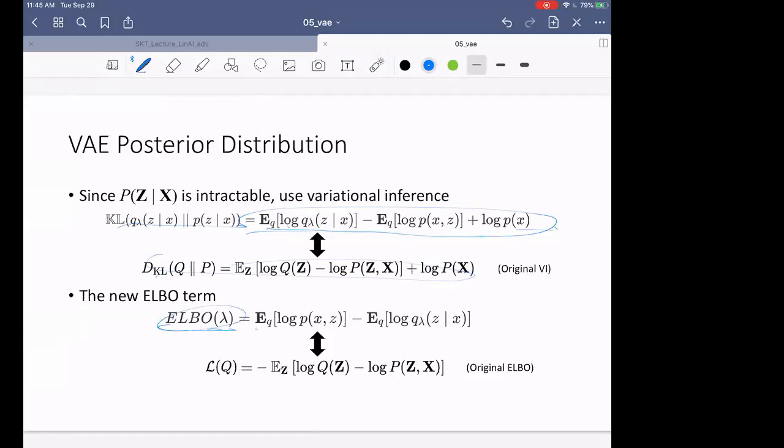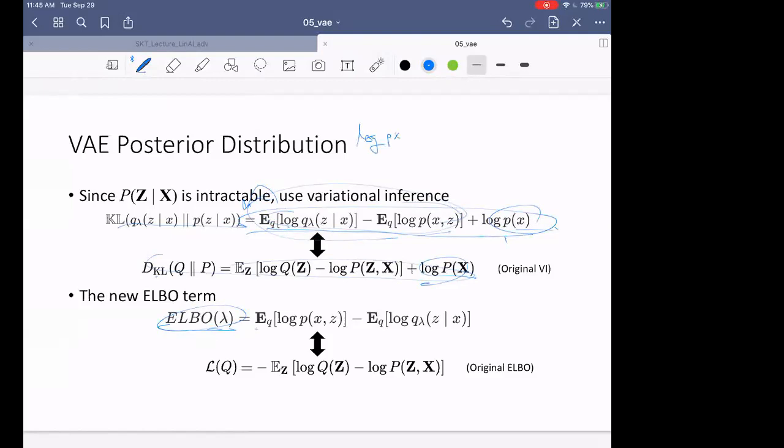So the new ELBO term becomes this. As I said in the previous VI, this is fixed, and in the same manner, this is fixed. So you can put this term here, and then you have the DKL minus this term. Actually, let me rewrite that.